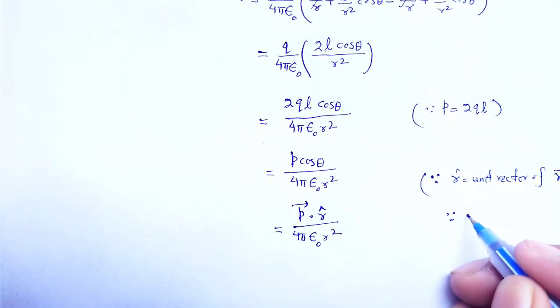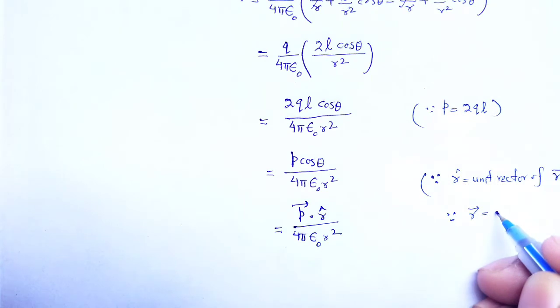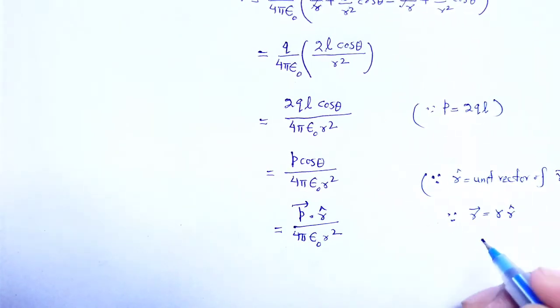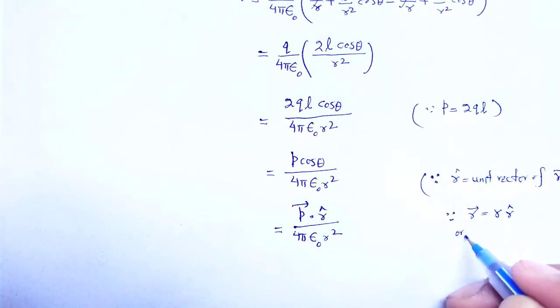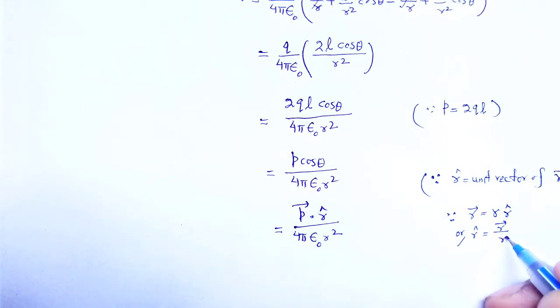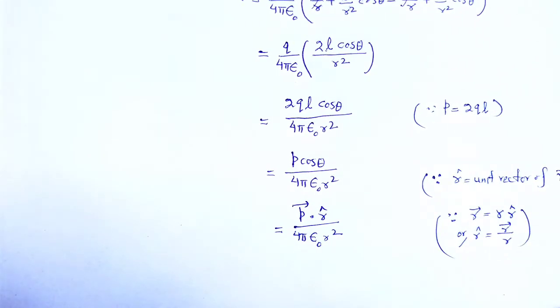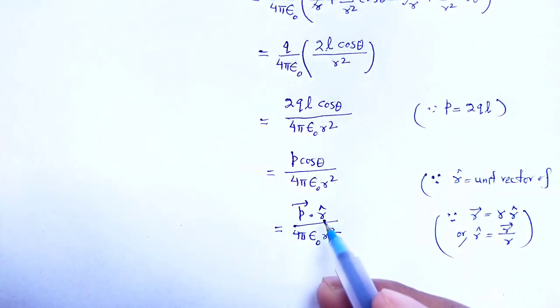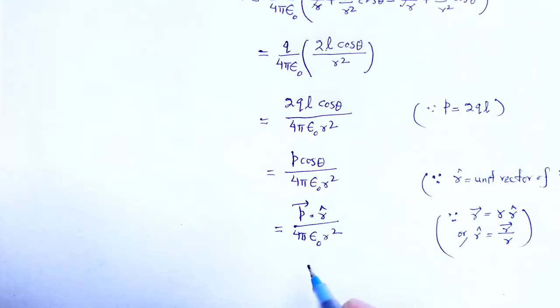Again r vector is equal to the r magnitude and its direction, its unit vector. So in place of r cap we write r vector divided by r.